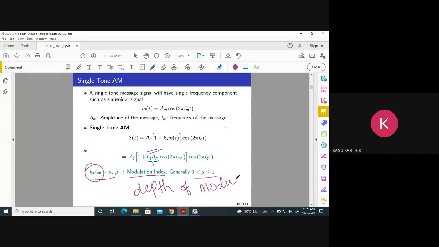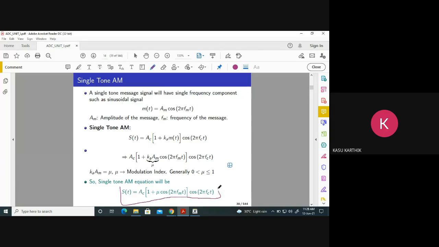Typically it is from 0 to 1. This is the single tone AM equation: Ac into [1 plus mu cos 2 pi fm t] into cos 2 pi fc t. What is mu? It is called the modulation index, which is Ka into Am.